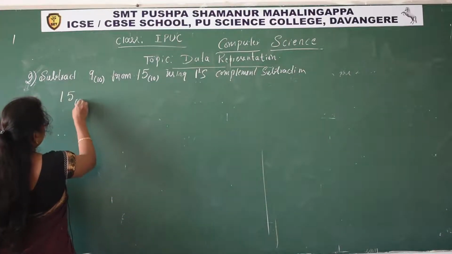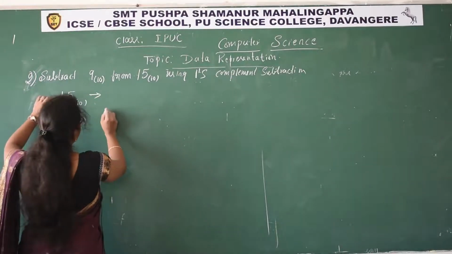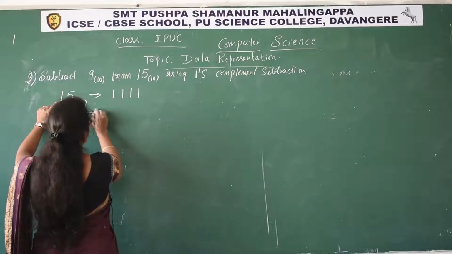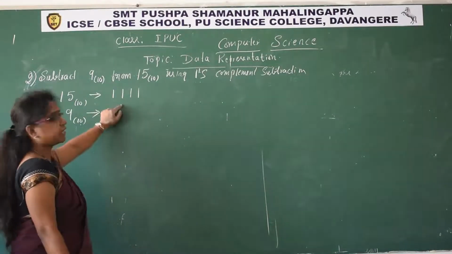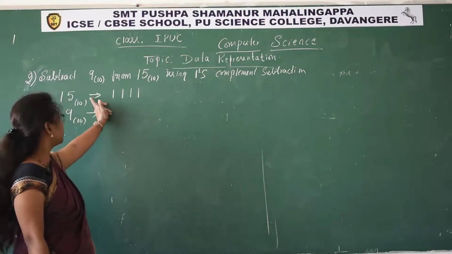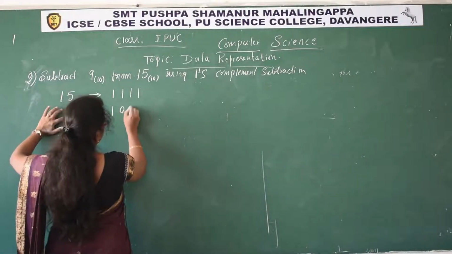15 base 10, 9 base 10. What is the binary equivalent of 15? 1 1 1 1. For 9, I am writing directly here. I hope you all understood how I am writing, how to convert decimal to binary. 9 is 8 plus 1.